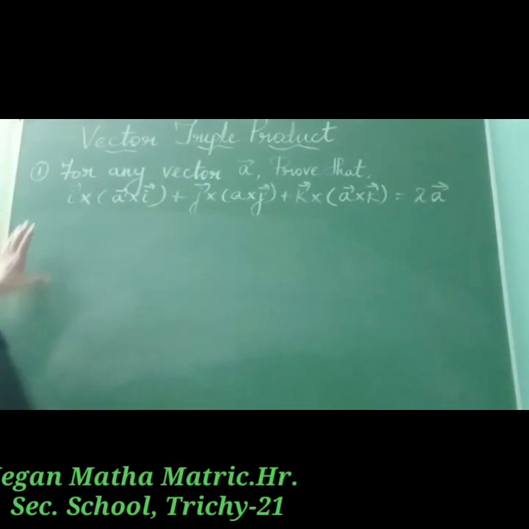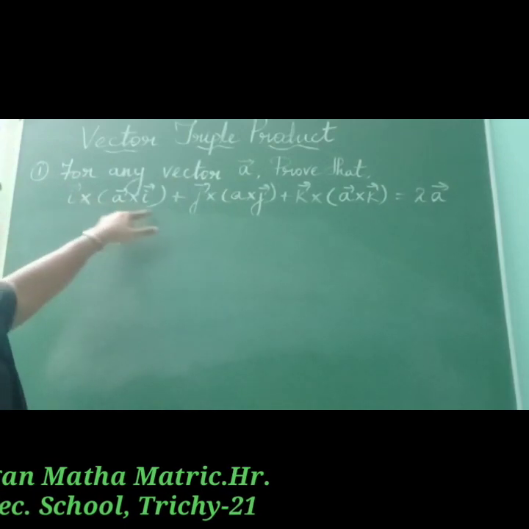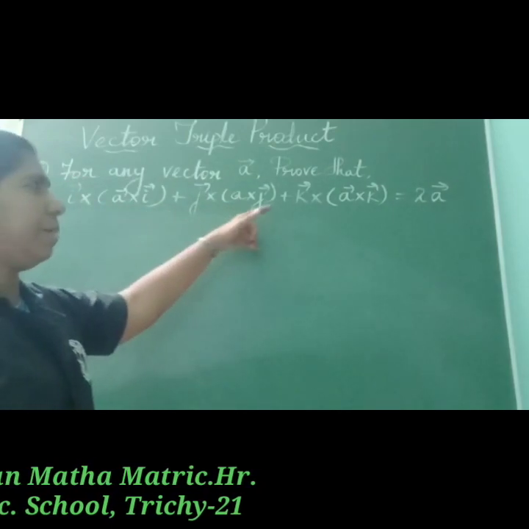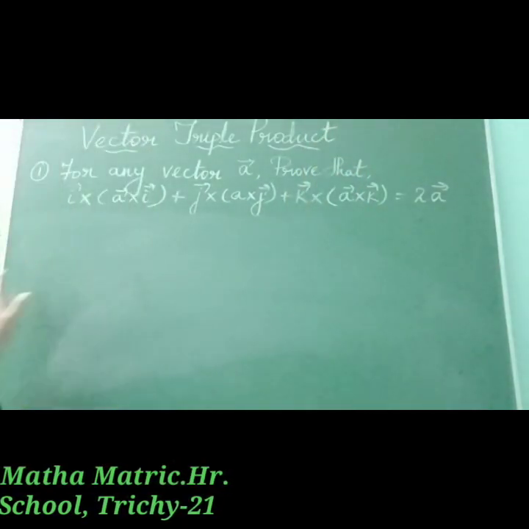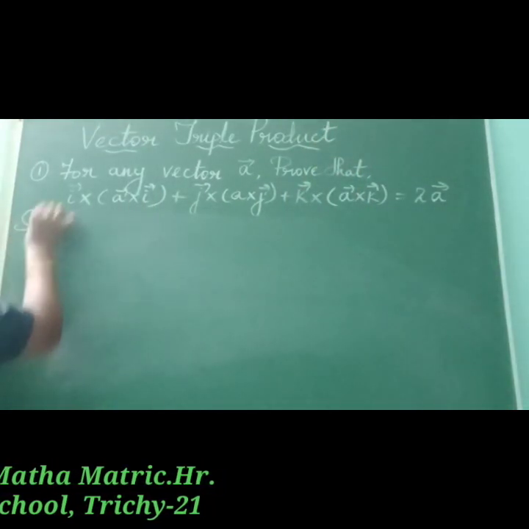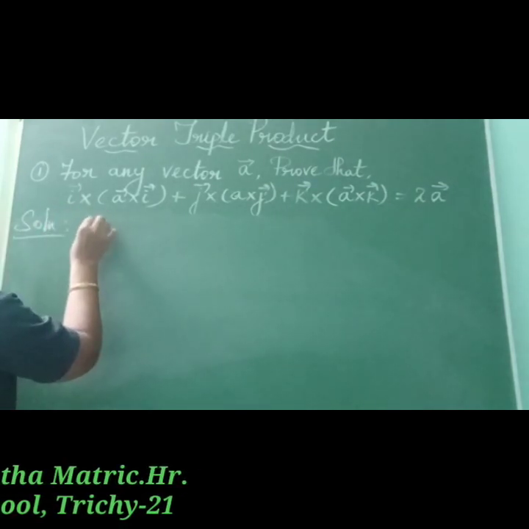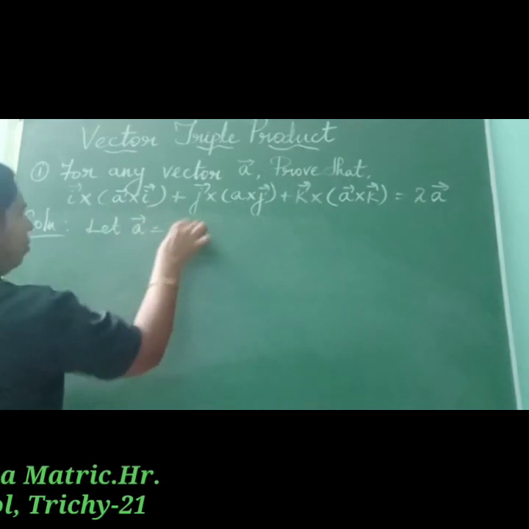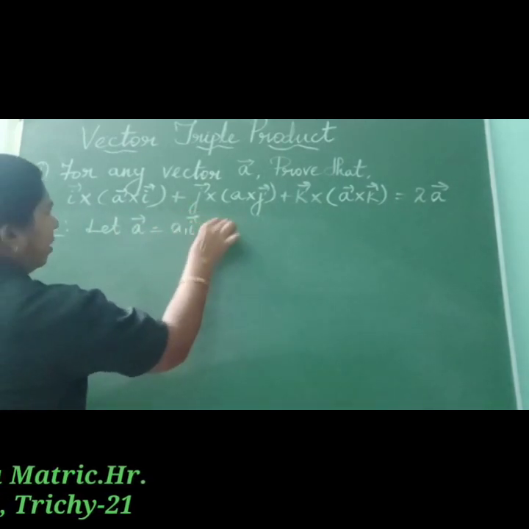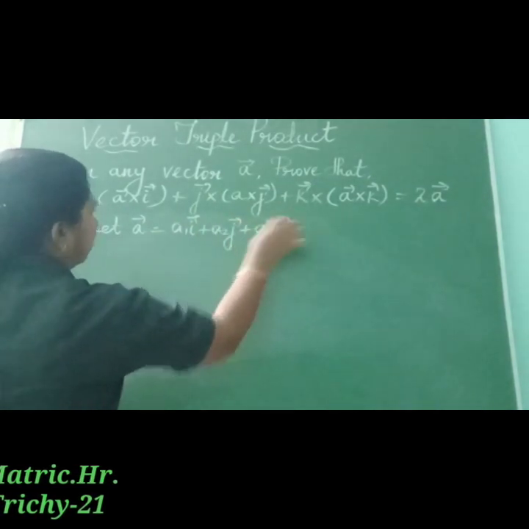First one: for any vector A, prove that I cross A cross I plus J cross A cross J plus K cross A cross K is equal to 2 into A vector. So first you can take the left side, what is given. Assume A vector is equal to A1i plus A2j plus A3k.